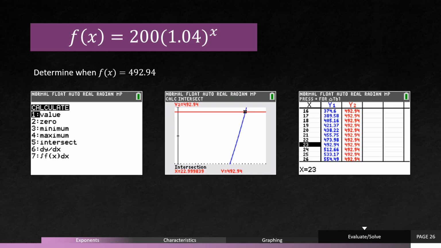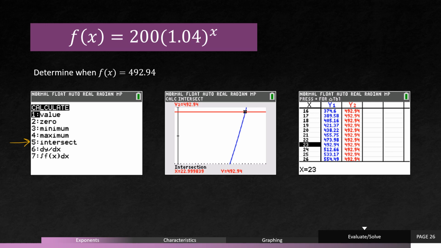So the next part, I'm going to go to calculate and use the intersection, which is option 5. Don't forget that one is well used. We use that on systems of equations as well.